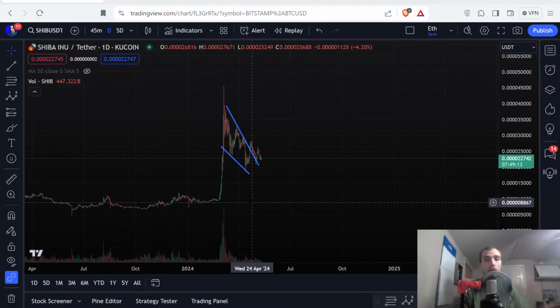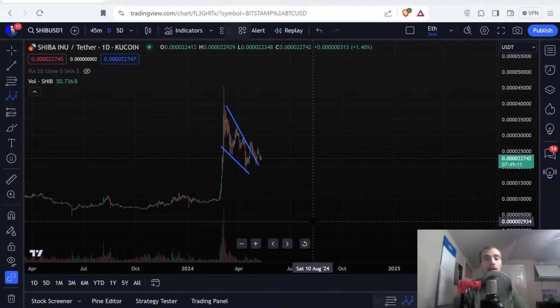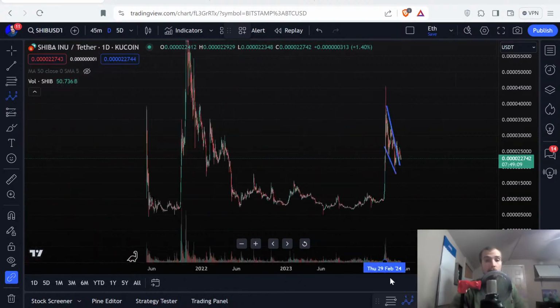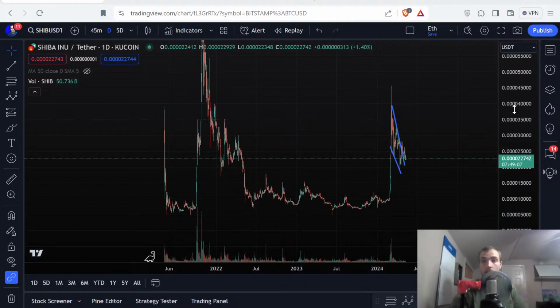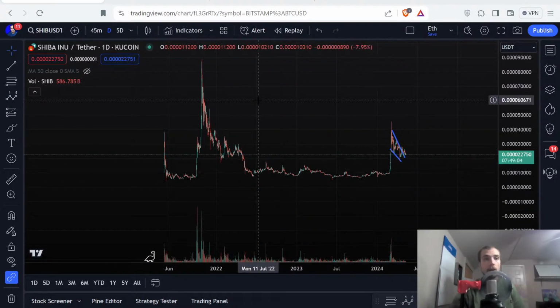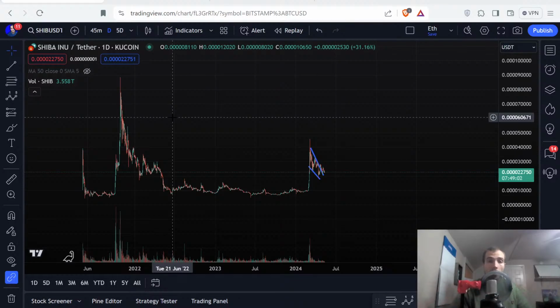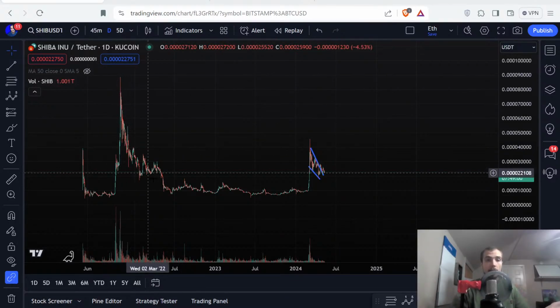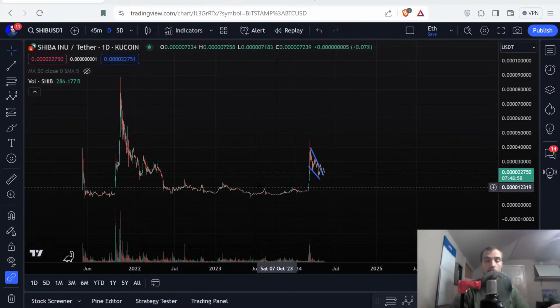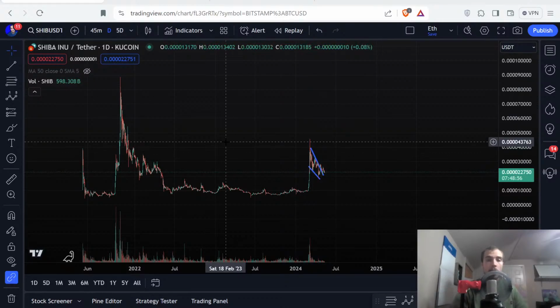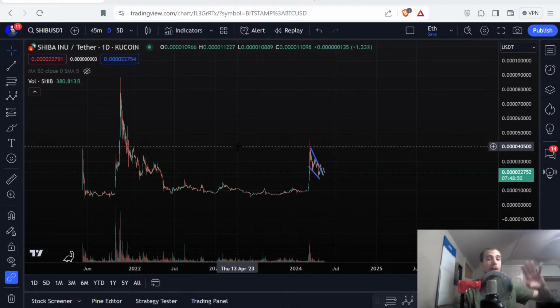Not to mention the bull flag, not to mention a bigger picture reversal here that's taking place. Look at this. If we go out on the daily and we zoom out here, look at that. Huge, huge beginning of a reversal here. This is what happens in crypto when they bottom out. I don't know if some of you guys have maybe been around for a while, so you saw Ethereum in 2018 when it bottomed out.